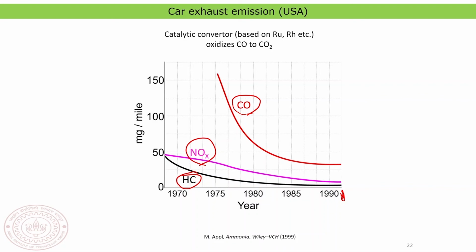In this particular case, what it shows is that by using catalytic converters, particularly using ruthenium, rhodium, one can oxidize carbon monoxide to carbon dioxide, and that way, using a catalytic process, you can in fact remove the greenhouse gases from the exhaust of an automobile.